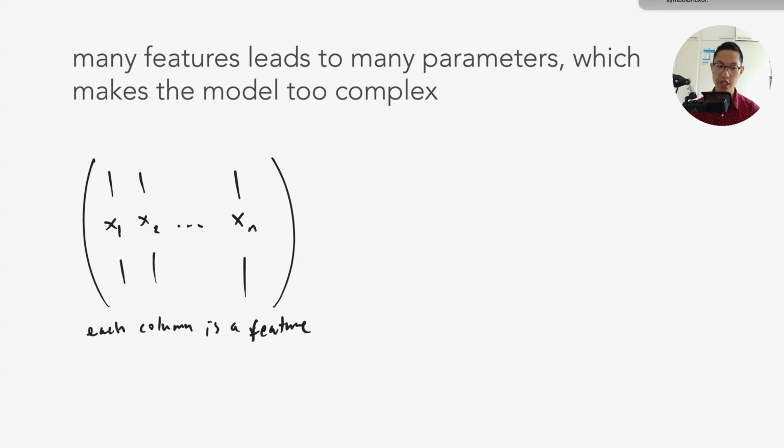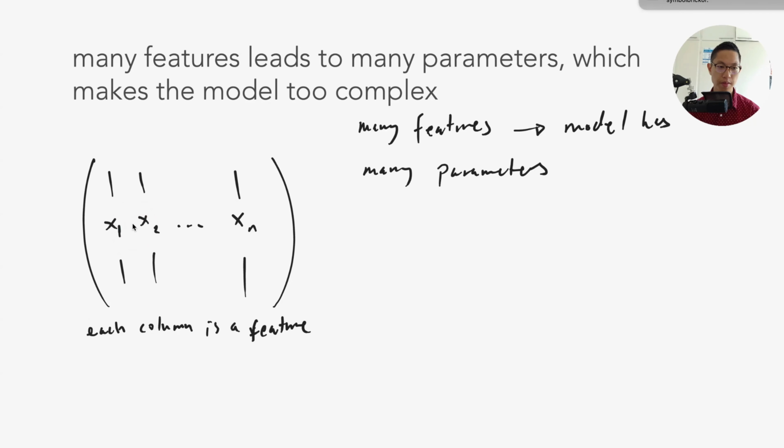Each column is a feature. This is a matrix. And when I write it like this, it means that here are just different values in the x1. Okay. Many features, it leads to the model having many parameters. Why is that?